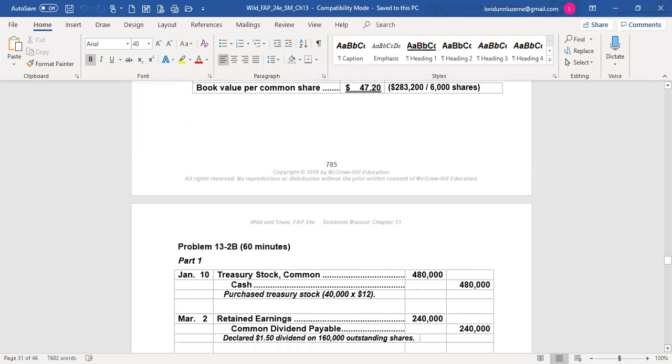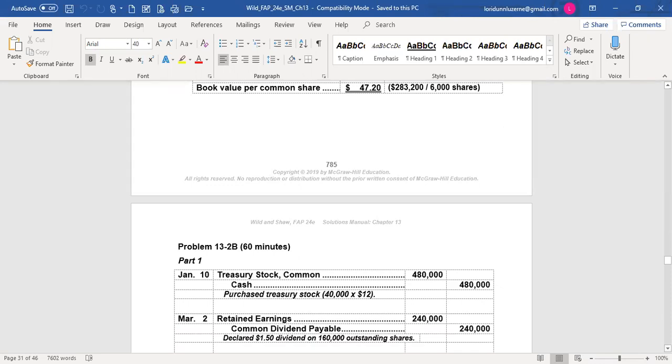You're only going to calculate dividends on the 160,000 shares of common stock that are currently outstanding. So 160,000 shares times the $1.50 dividend. We debit retained earnings on the day the dividend is declared, and credit common dividend payable. We credit a liability account because we're promising to pay cash for the full amount.